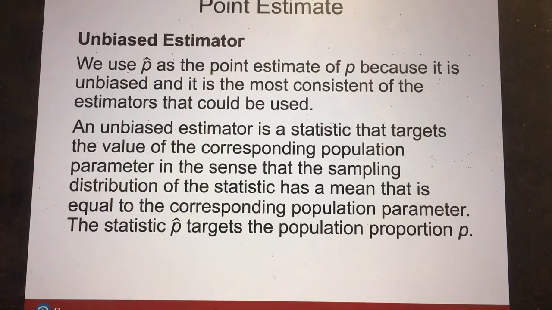An unbiased estimator is a statistic that targets the value of the corresponding population parameter. So in 7.2, we'll be looking for a population mean. In 7.1, we're looking for a population proportion. It is unbiased in the sense that the sampling distribution of the statistic has a mean that is equal to the corresponding population parameter.